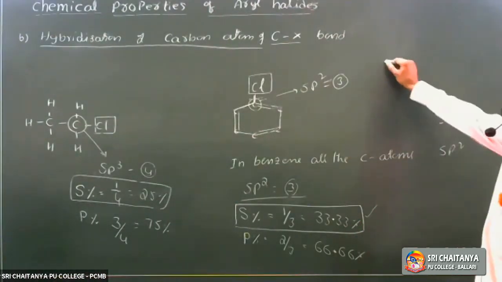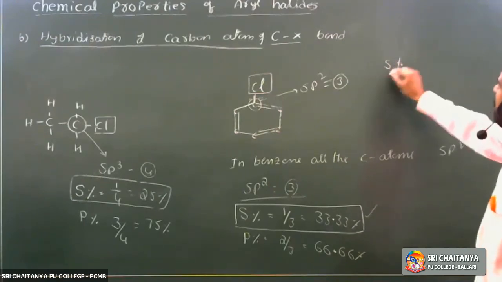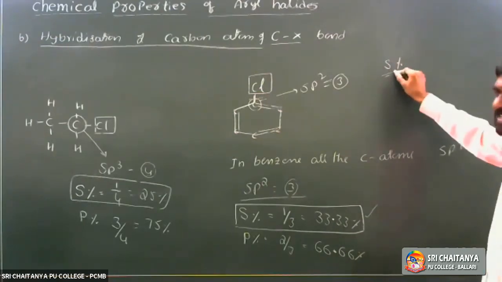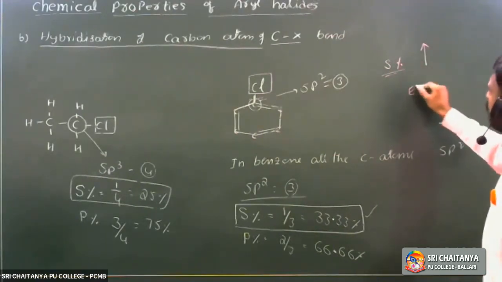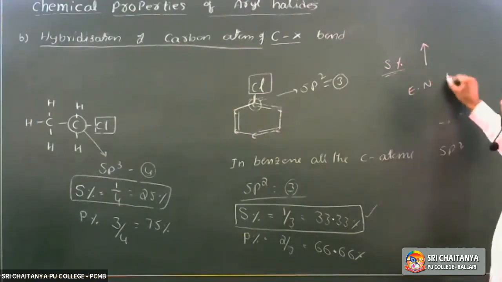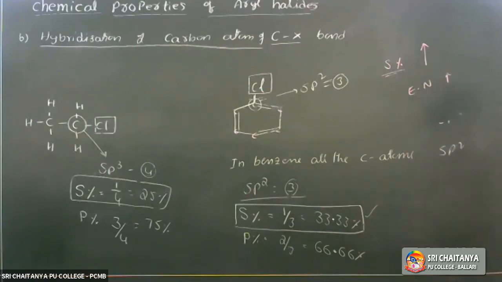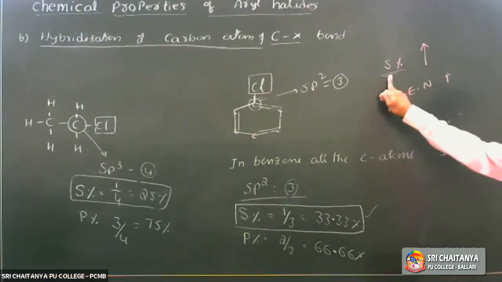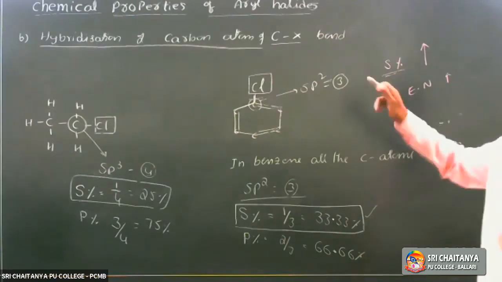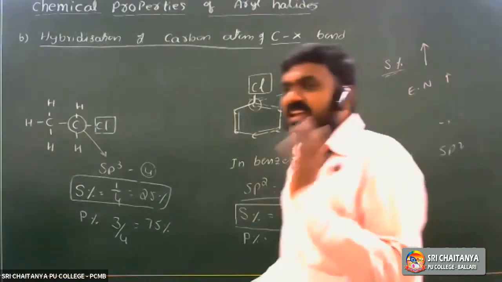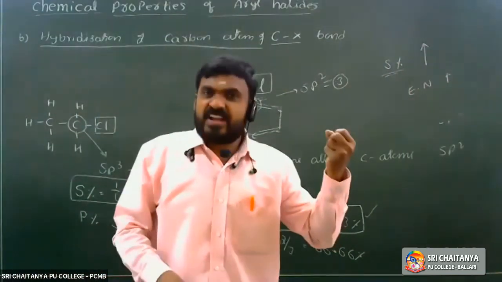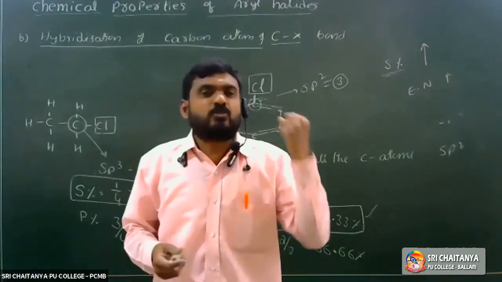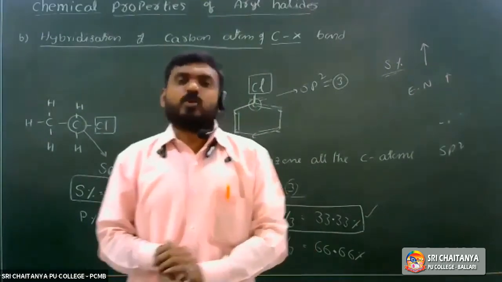So as the percentage of s character increases, the electronegativity of that carbon also increases. The electronegativity of the bonding carbon is directly proportional to the s character. What is electronegativity? The tendency to attract the shared pair of electrons towards itself is called electronegativity.